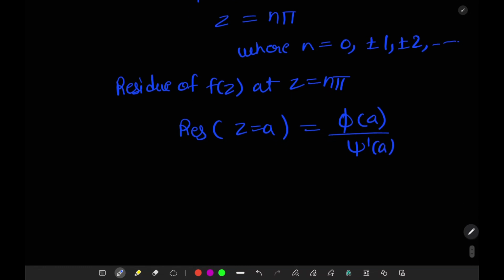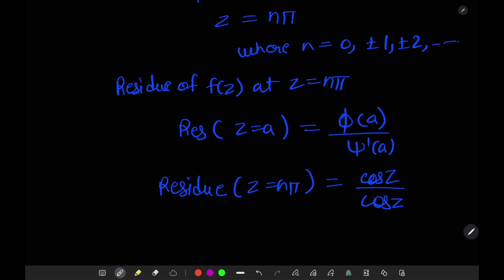Now differentiate denominator term, we get residue at z equals to n pi equals to cos z divided by, here differentiation of sin z is cos z, so equals to 1.